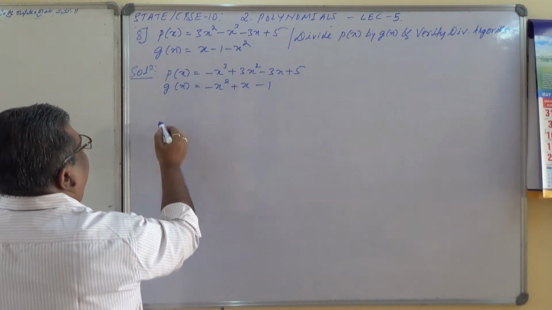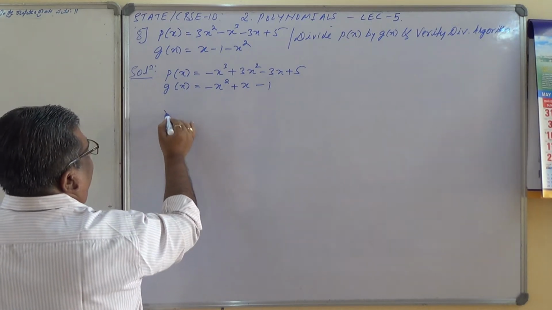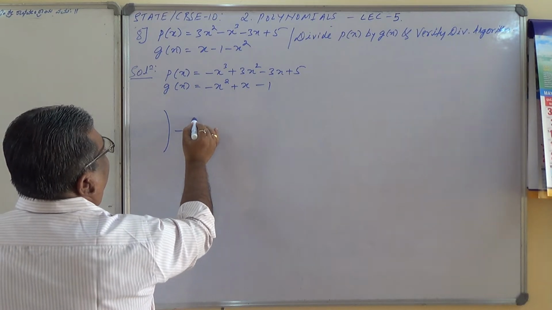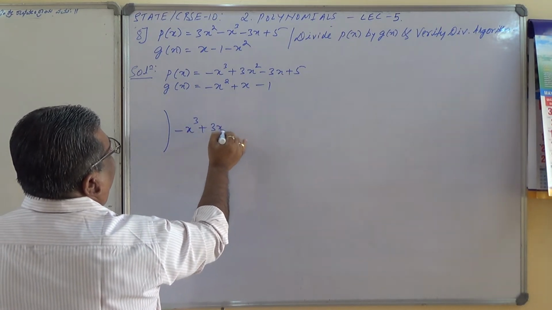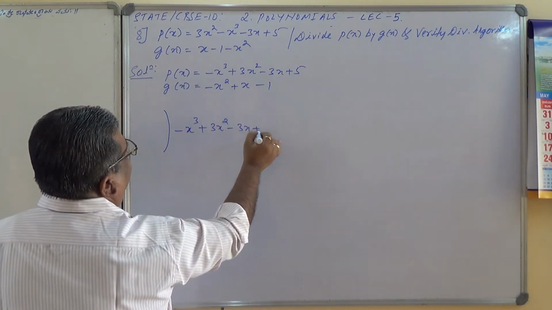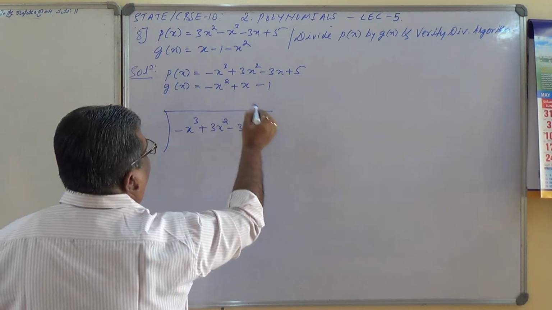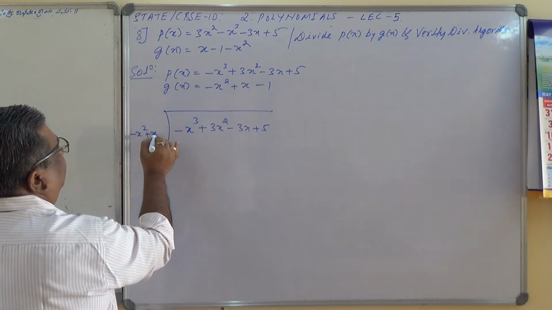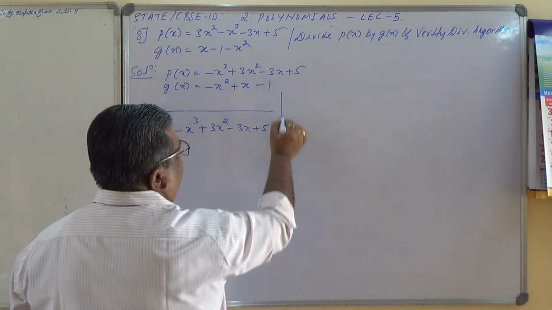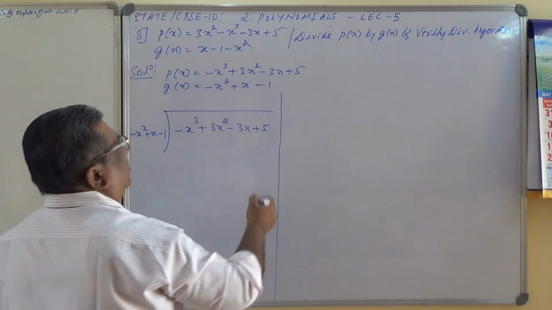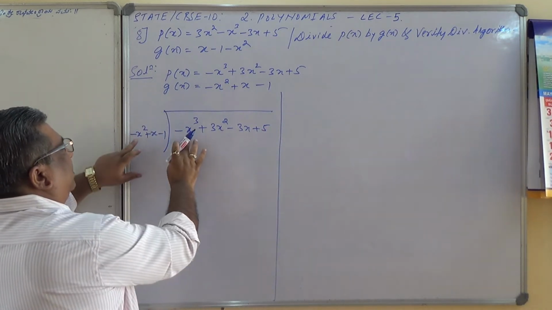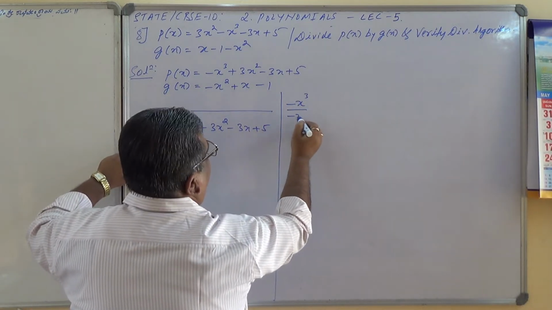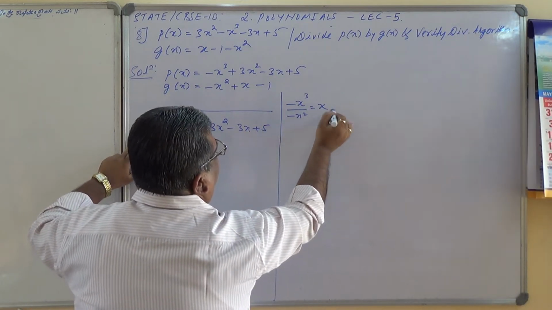So applying the division algorithm, let us divide this now. This is minus x cube plus 3x square minus 3x plus 5. Here we will write the quotient, and this is minus x square plus x minus 1. So here I will work out the terms of the quotient. First term of the quotient, first term divided by first term, minus x cube divided by minus x square, which is x.